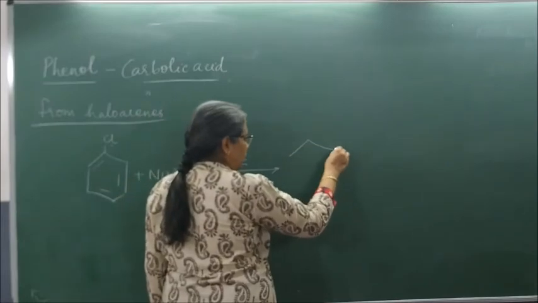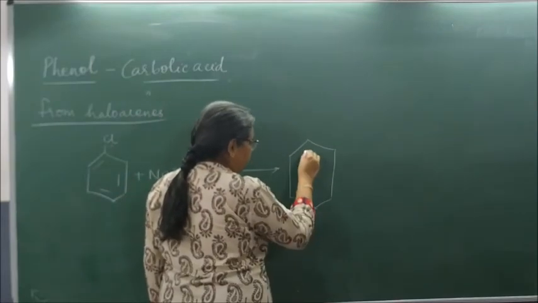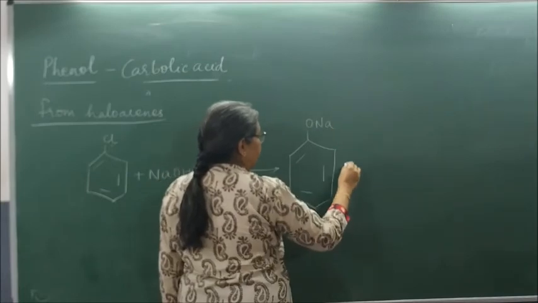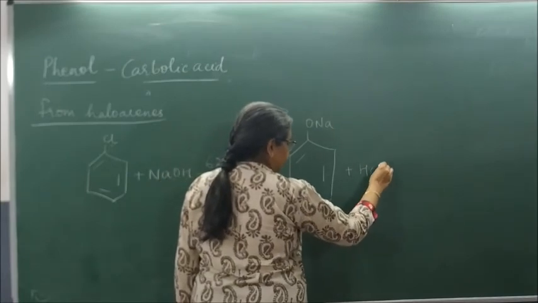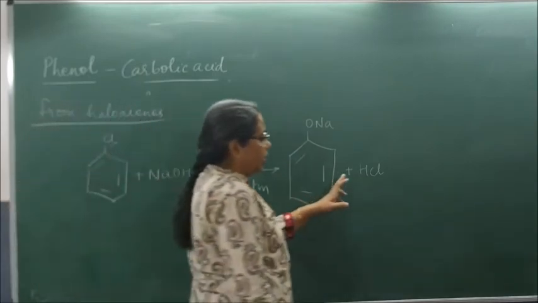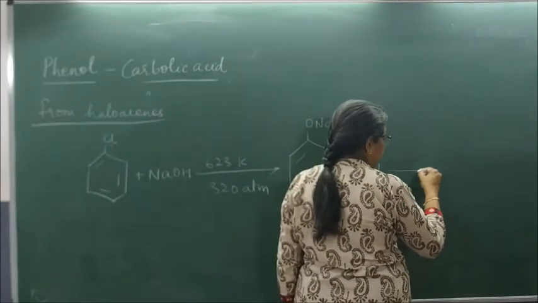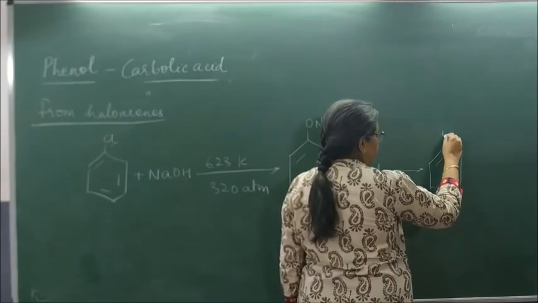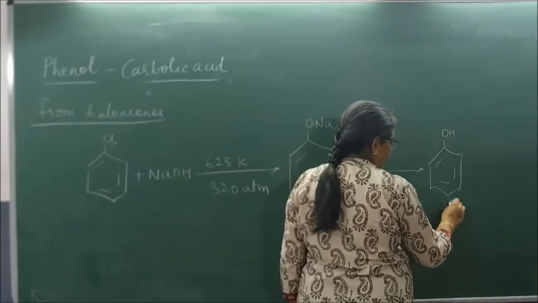So you get C6H5ONa plus HCl. When C6H5ONa reacts with HCl, it forms C6H5OH, which is phenol.